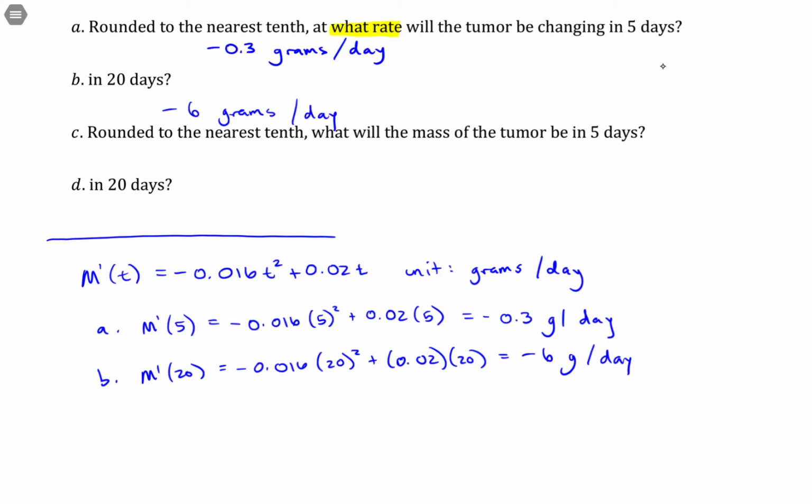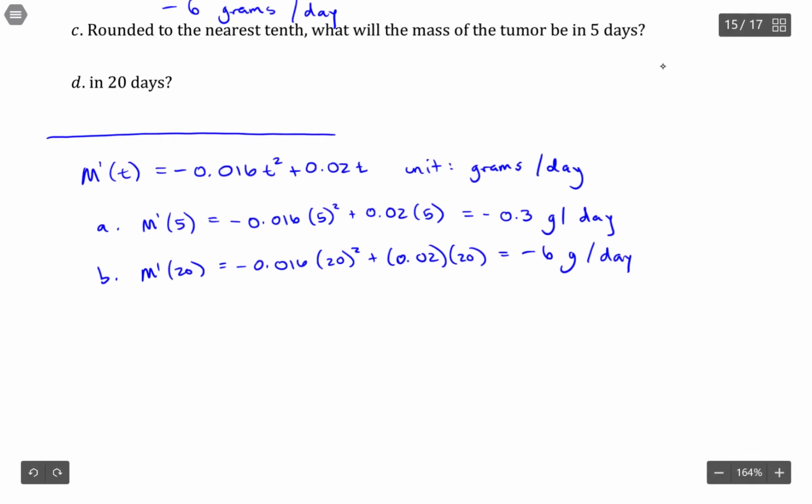Next, the question says, rounded to the nearest tenth, what will the mass of the tumor be in 5 days? The mass of the tumor is measured by the function m of t. So m of t is going to be the mass of the tumor in grams.